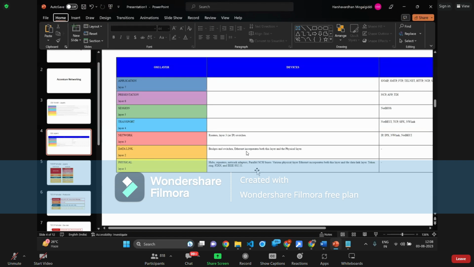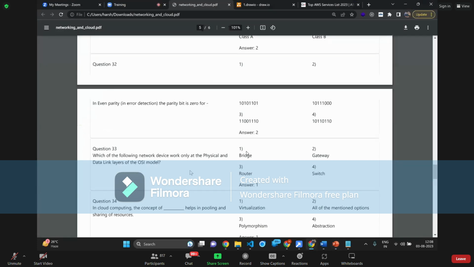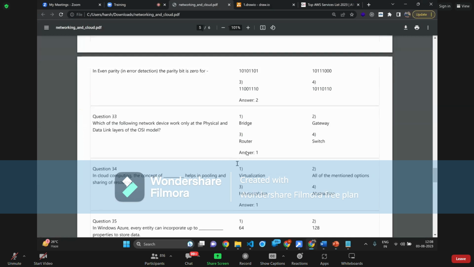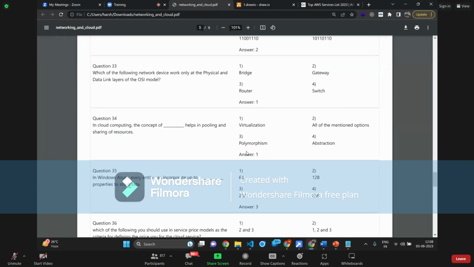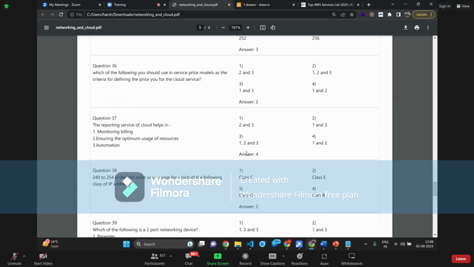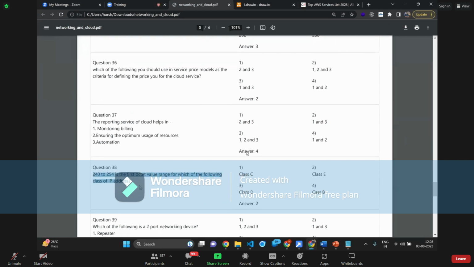Bridge as well, I believe. These are also a part of this. Next, we've got 242, 254 first octet value. Which class? Class E. We have done this.